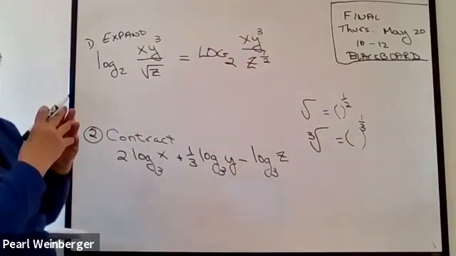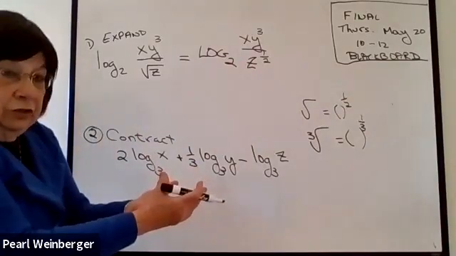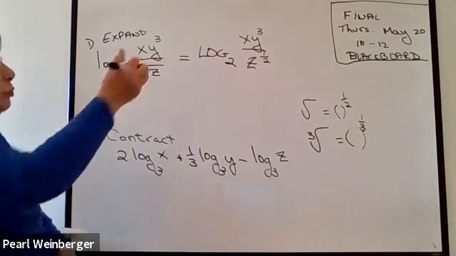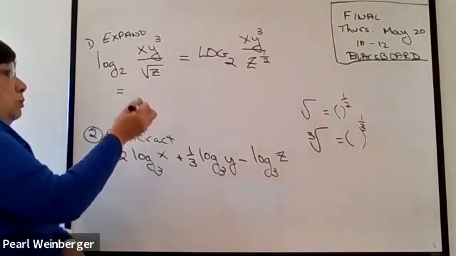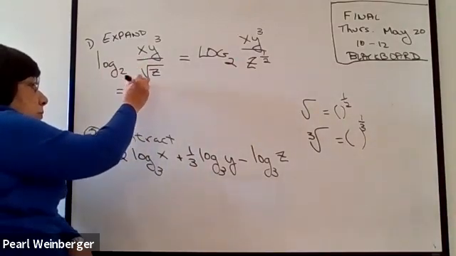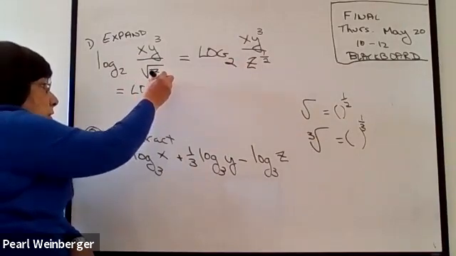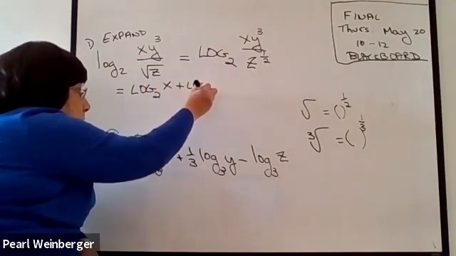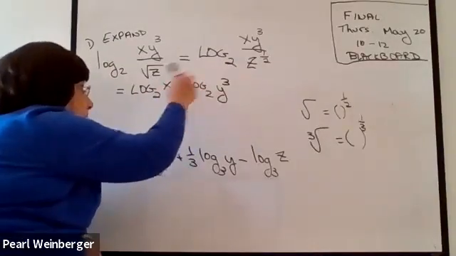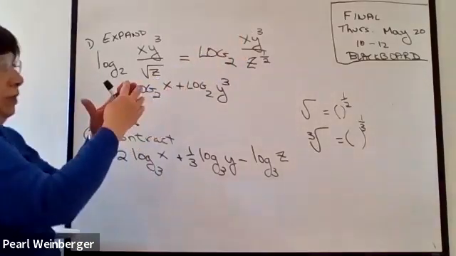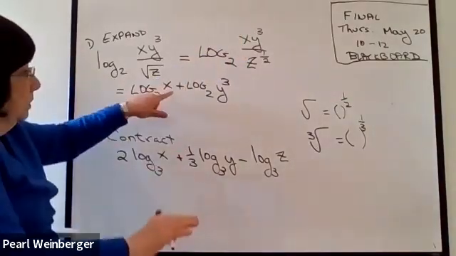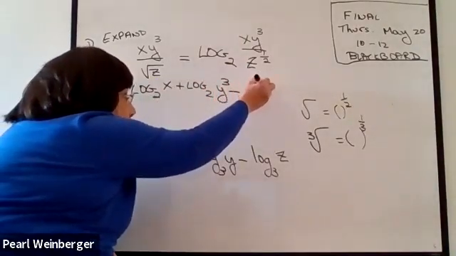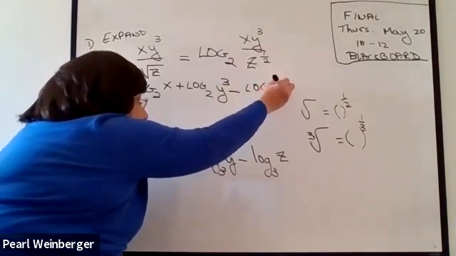Remember, multiplication in logs converts to addition, division converts to subtraction. So this will become the log base 2 of x plus the log base 2 of y to the third. We've converted this multiplication. Remember, when things are directly next to each other, it means they're being multiplied. Then minus the log base 2 of z to the 1/2.